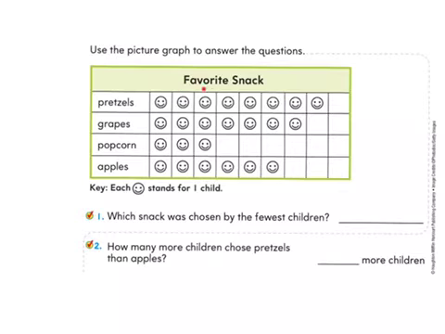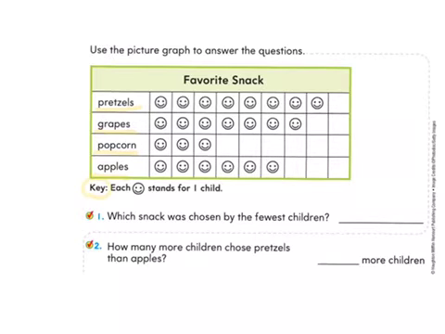So you will notice in every graph there's almost always a title telling us what the graph is for. So in this graph, we can see this is telling us how many pretzels, how many grapes, how many popcorn, how many apples.